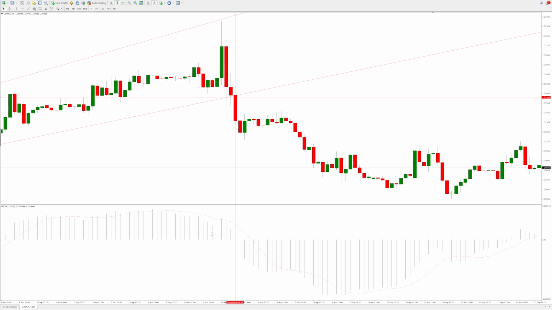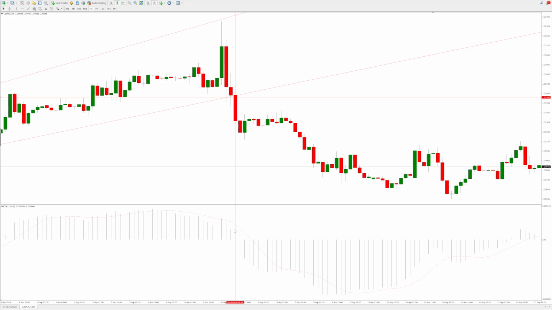When it's above, it's considered to be an uptrend. As you can see, it fell below on the same candle where we had the breakout of the support level and the wedge pattern. This is just further confirmation that this would have been an area we might have wanted to keep an eye on or take the trade.